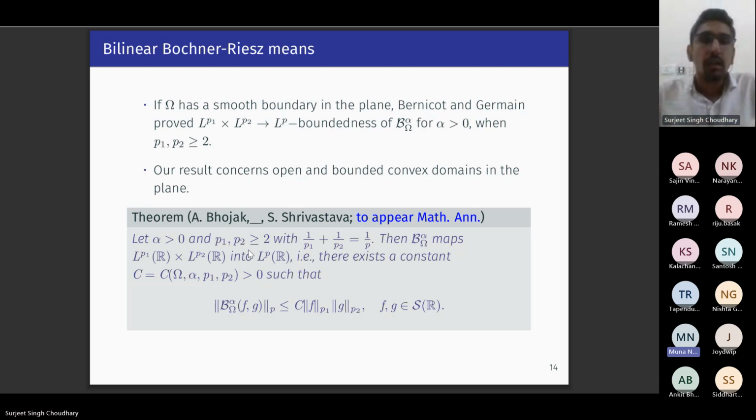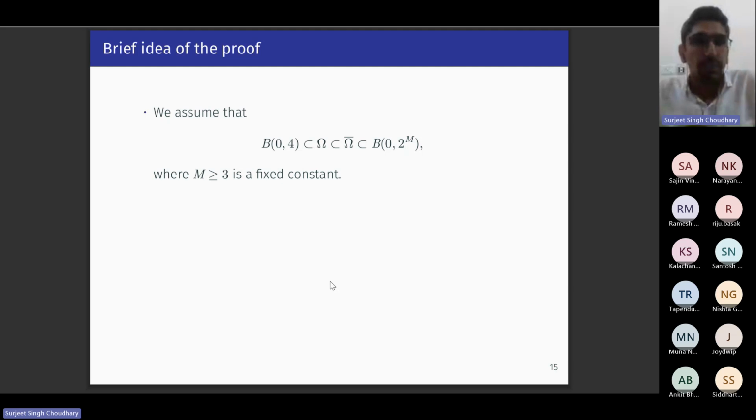Now let me briefly discuss the proof of our result. Because our domain is bounded and convex, we can assume that omega contains the ball of radius 1/4 and its closure is contained in a ball of radius 2 to the power m, where m is bigger than or equal to 3.